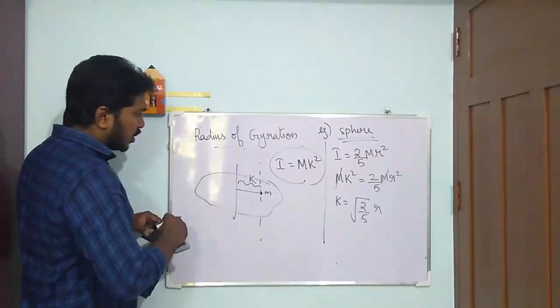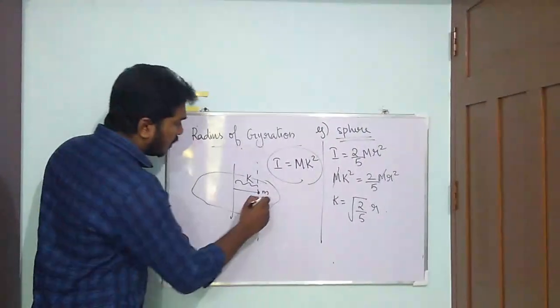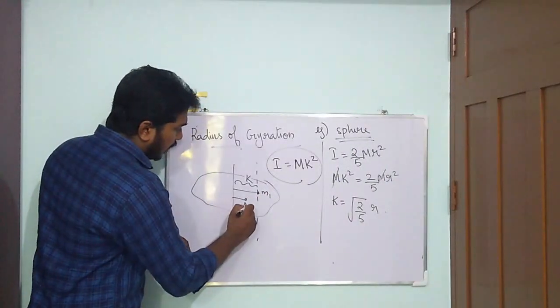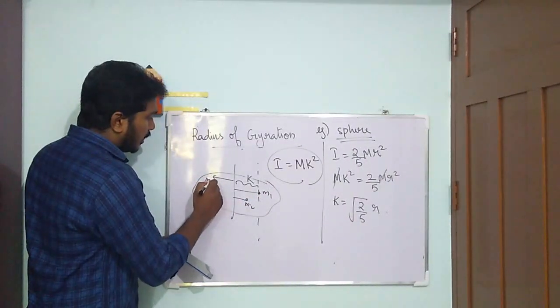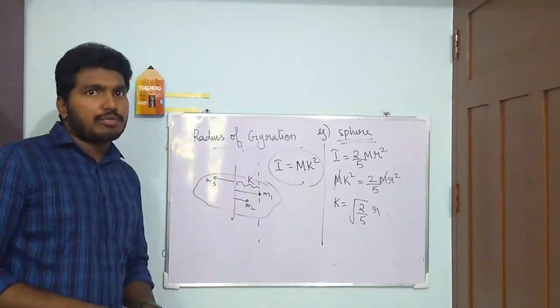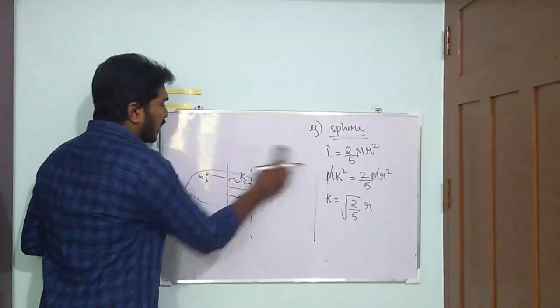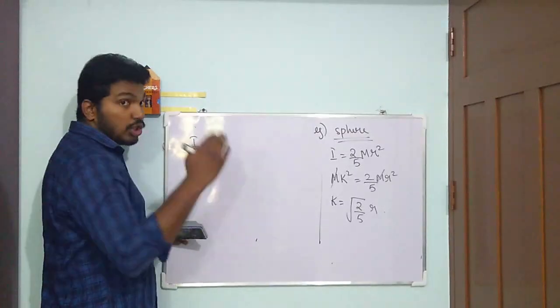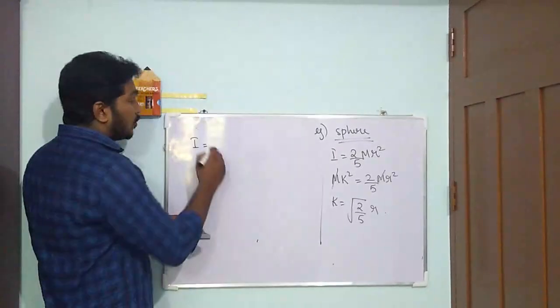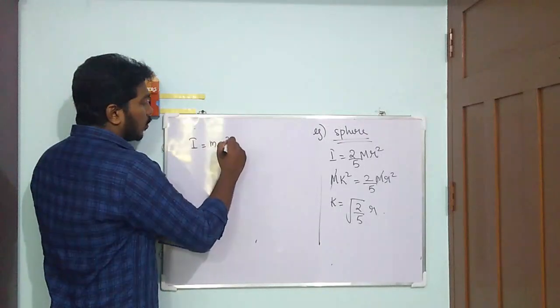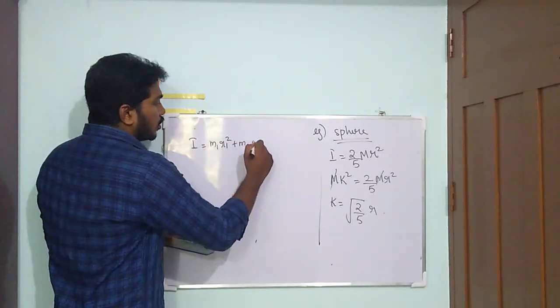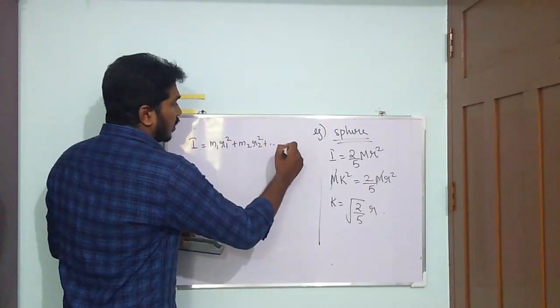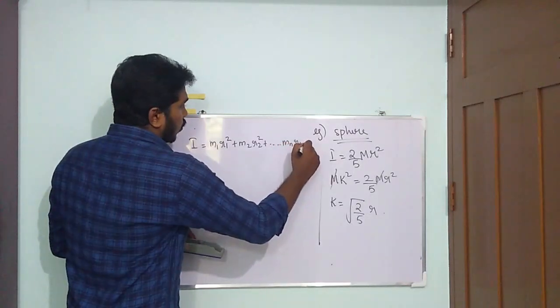Now one more thing in addition to this. Suppose we have a mass m1 here, m2 here, m3 here. It's a distribution of mass. In such a case, the total moment of inertia about the axis of rotation will be m1 r1 square plus m2 r2 square plus etc., till mn rn square.